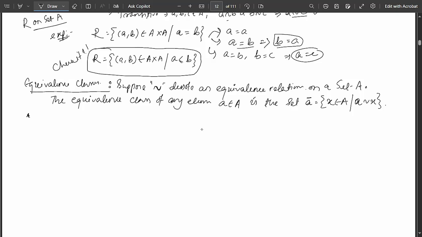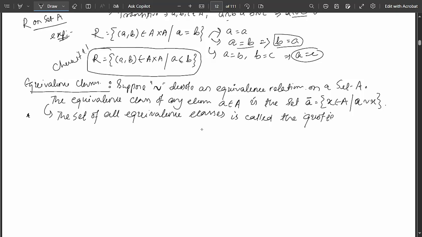I have a note here that the set of all equivalence classes is called the quotient set of A modulo congruent, or we can symbolically write this as A mod congruent.